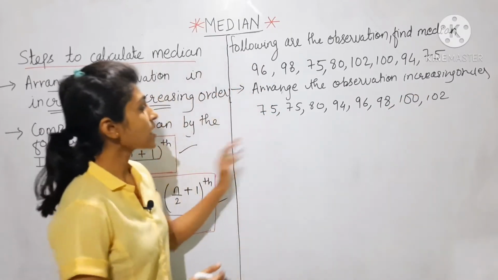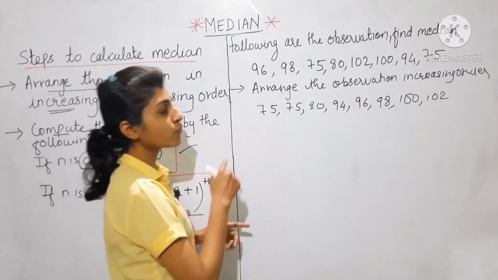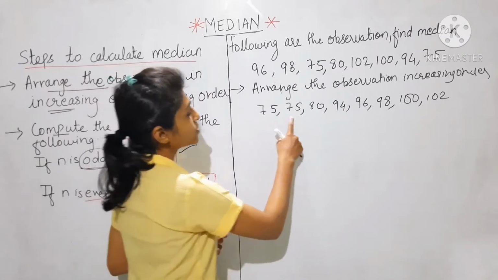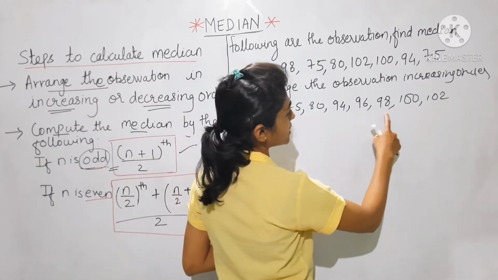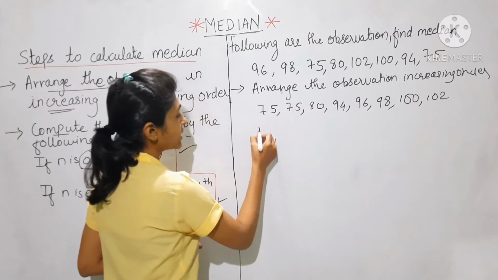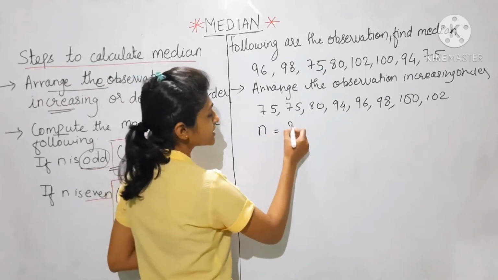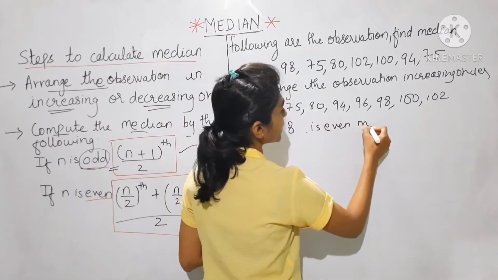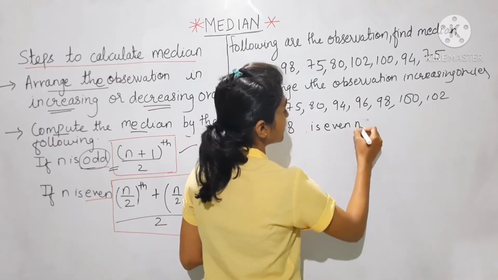Next I will count the observation to check whether it is odd number or even number. So 1 2 3 4 5 6 7 8. So n is what? Number of observation is 8 and 8 is what? Even number. Okay, so 8 is even number.